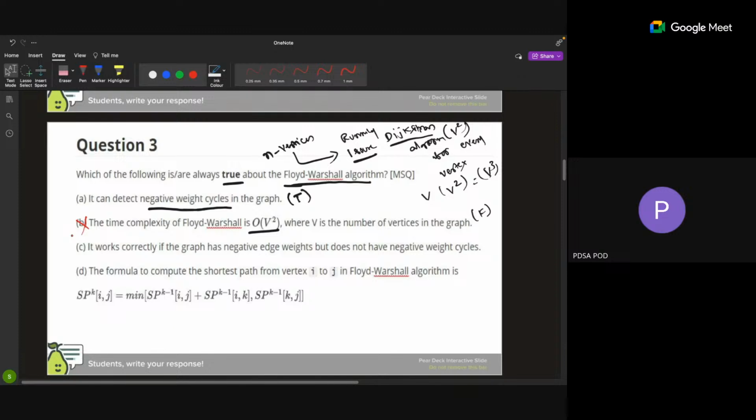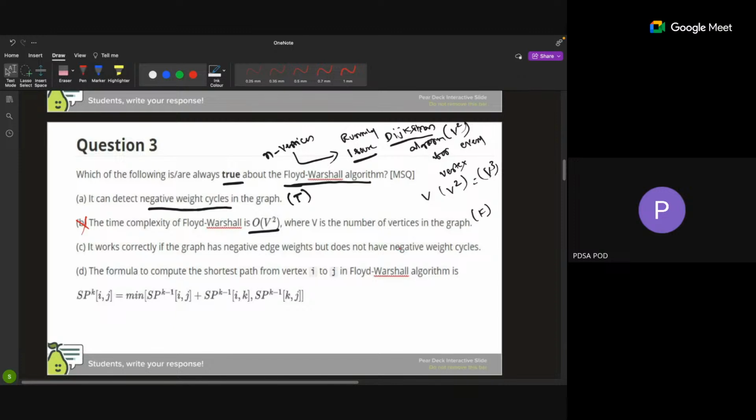Now, it works correctly to compute the shortest path from I to J. It works correctly if the graph has negative edge weights but does not have negative cycles. See, as I said, no algorithm works for negative cycles. It will only report. Either Floyd-Warshall or Bellman-Ford will detect and report.